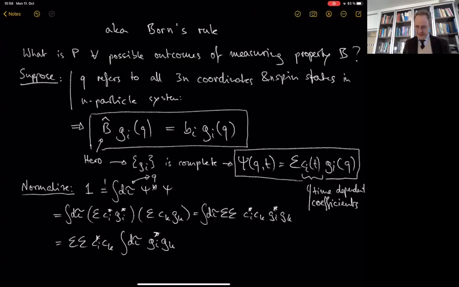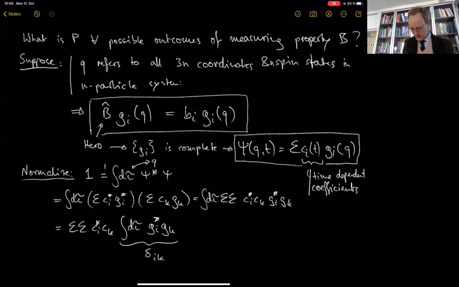Well, and we had the theorem that the eigenfunctions are orthogonal, right? So this must be delta_ik, right? I think it was theorem 2.